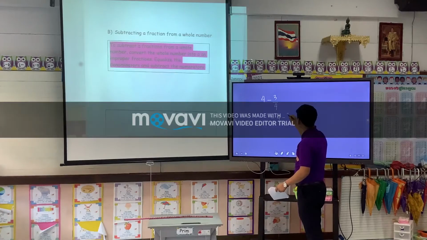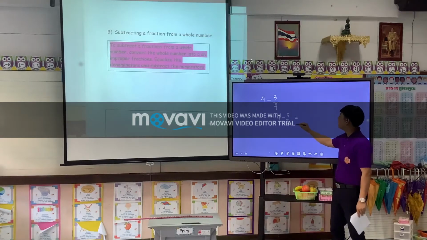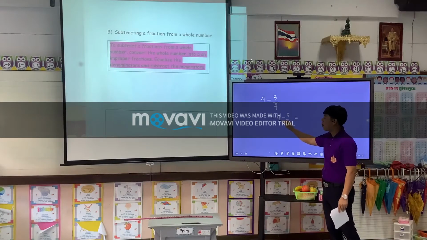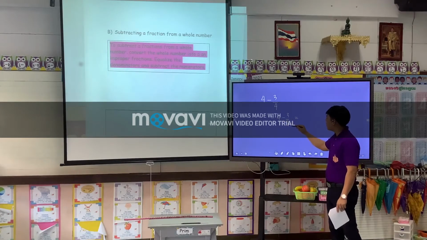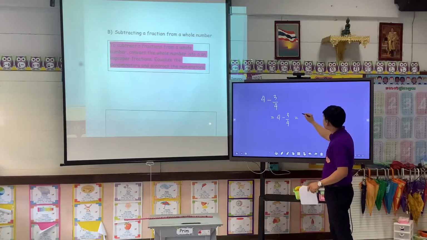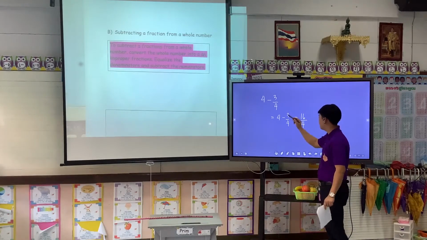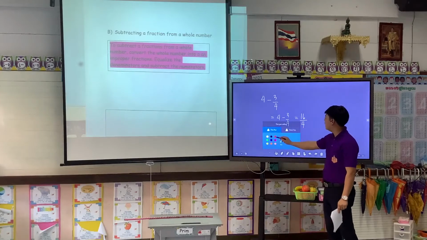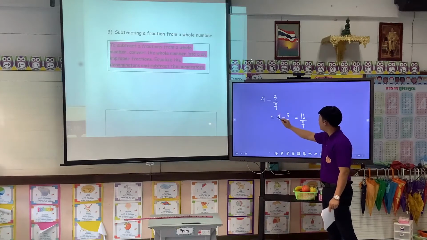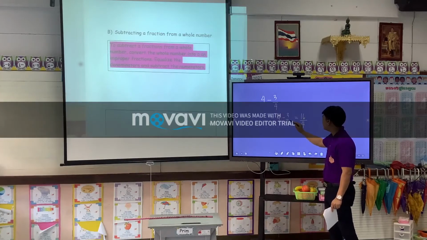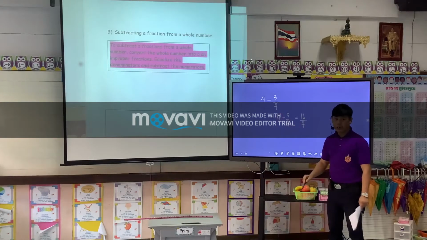4 minus 3/4 equals, we need to multiply 4 times 4. 4 times 4 is 16 over 4. We multiply only the whole number and the denominator.